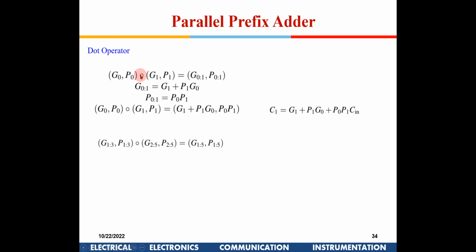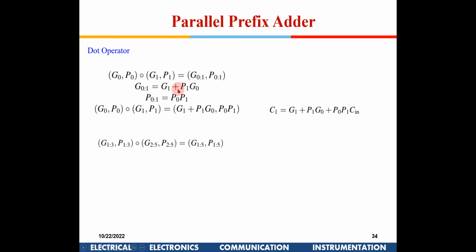If I do a dot operation, it will generate G01 and P01. G01 is given by G1 plus P1 G0. That means it is a combined generation of these two. And P01 is just the AND of these two. So this is what a dot operator does.